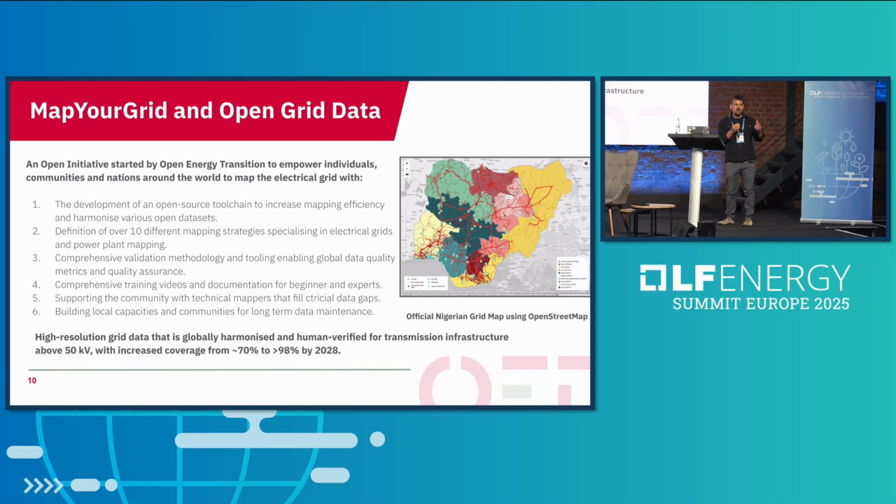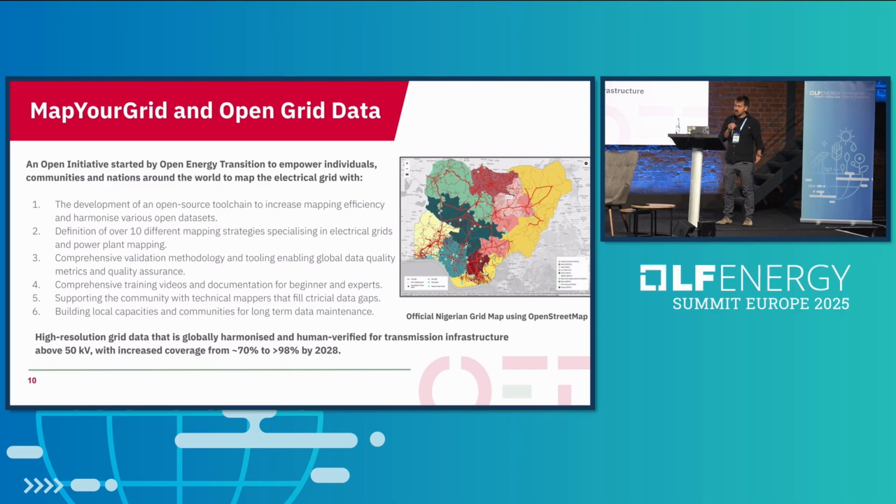You can put it into another layer, and then you have to validate every power tower. If you don't see it in satellite imagery, the OpenStreetMapper does not map it. This actually creates a very high quality of data at the end, because you always have the OpenStreetMap mapper who validates this.